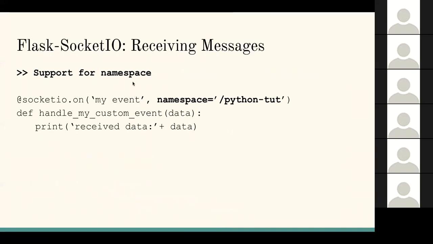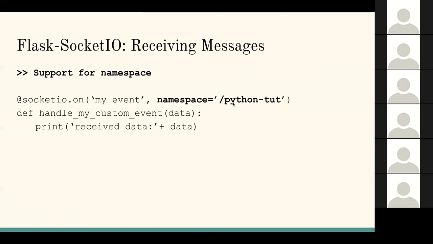Now there is something called namespace. When you're setting up a WebSocket, you can set up the path, and this path is called namespace. Likewise, when you do HTTP requests, you say, hey, slash Python programming or meetup slash something slash something. So it's a very similar concept.